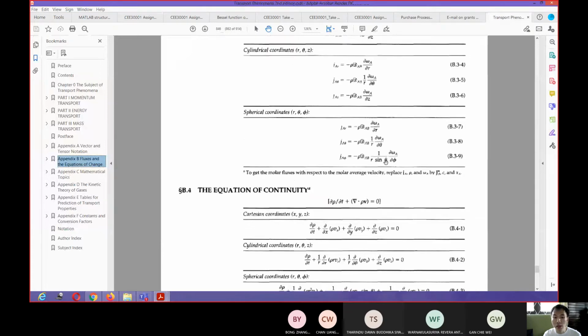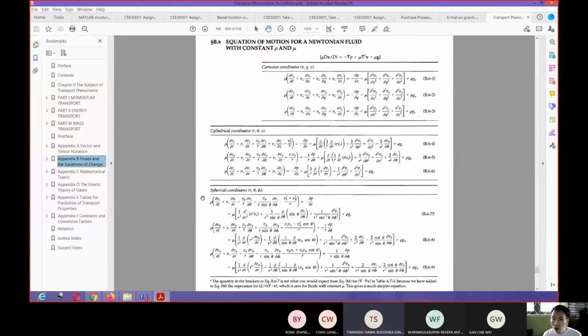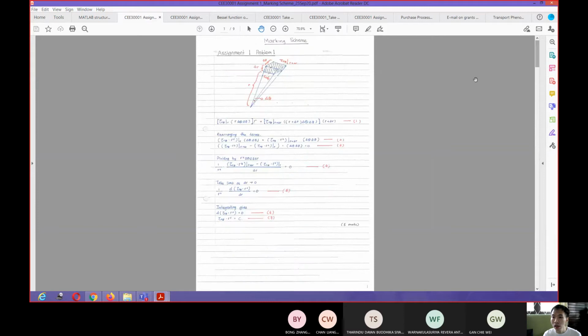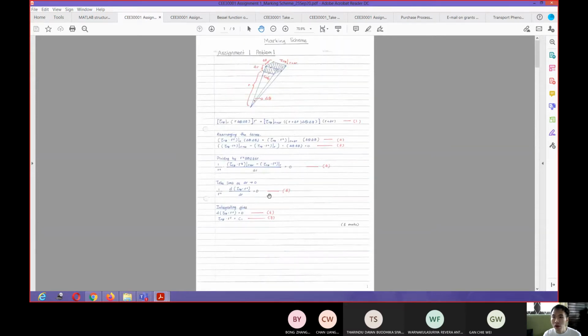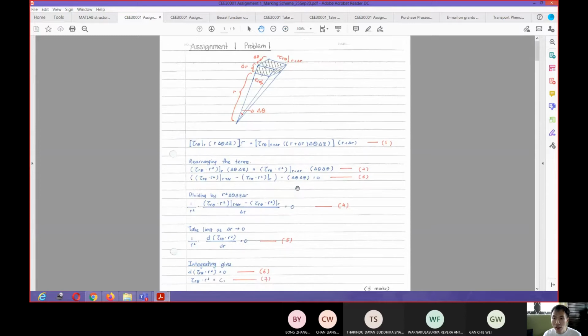So you need to go into appendix B6, and which one will you use? You need to use the cylindrical coordinates, and then derive the postulations. The postulation here is that you only have a velocity component in the radial direction.